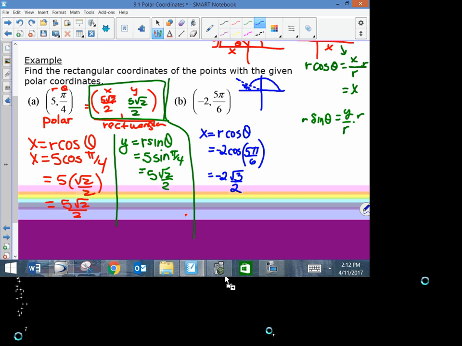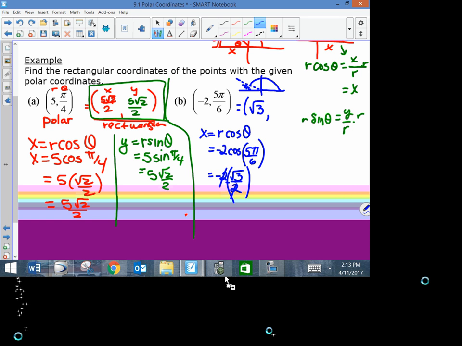Okay, because in quadrant two, cosine should be negative. All right? The 2 cancels, and we have a positive radical 3. Right? Did you have that, Leah? All right. Radical 3 is my x. Okay?